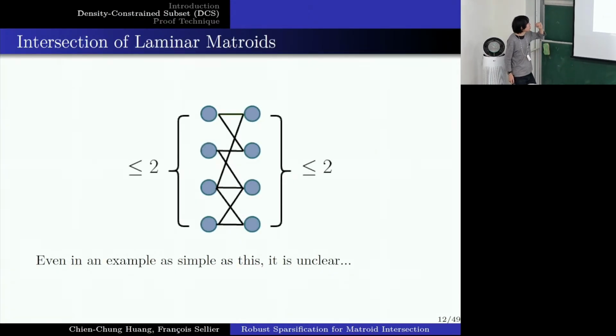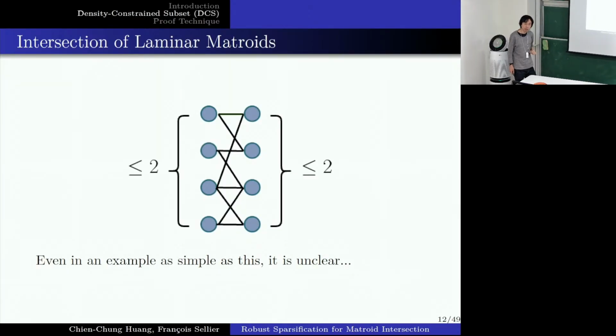I should mention that even for a tiny generalization of bipartite graph matching, people don't know how to give such a sparsifier. For instance, this is called the laminar matroid. I'm still looking for bipartite matching, but I add the restriction that on the left-hand side, at most 2 vertices can be matched, and the same on the right.